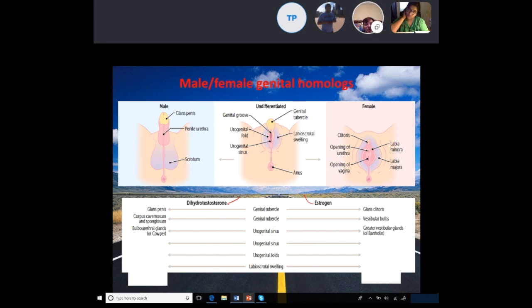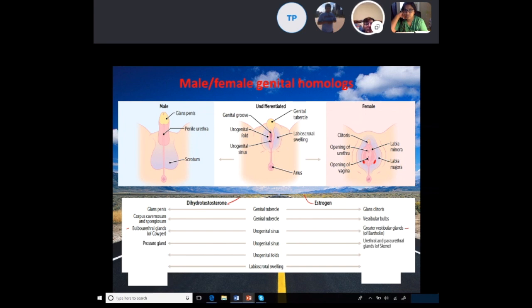The bulbourethral glands in males help with creating ejaculate, and the Bartholin's glands are associated with lubrication of the vagina, and these are normally in the 4 o'clock and 7 o'clock position on the female external introitus.